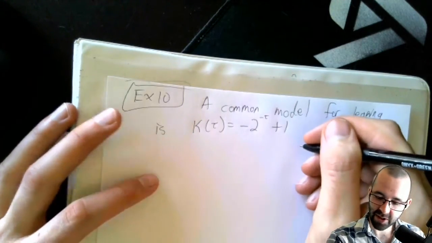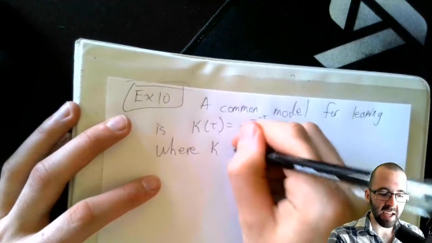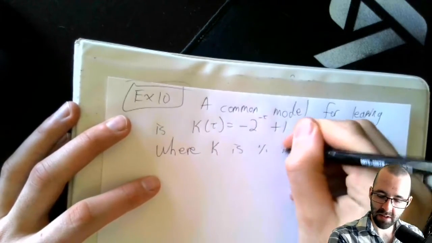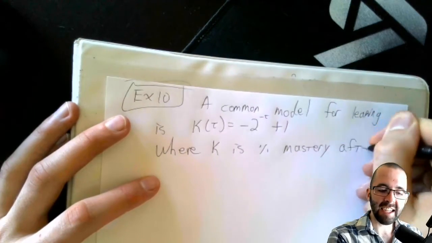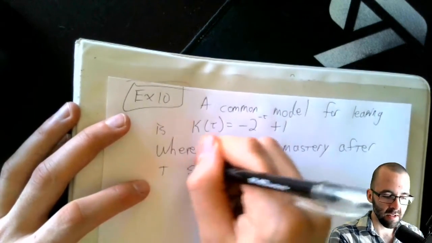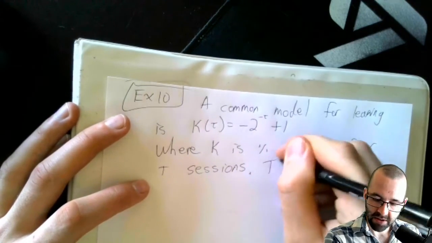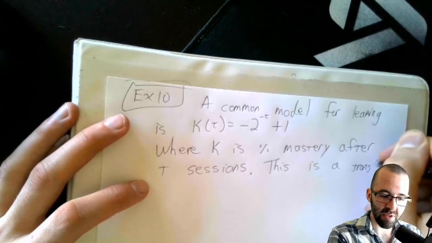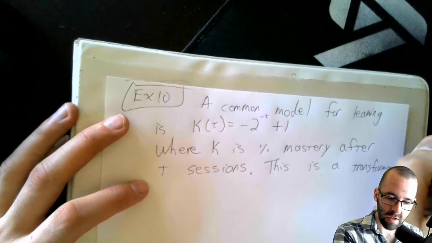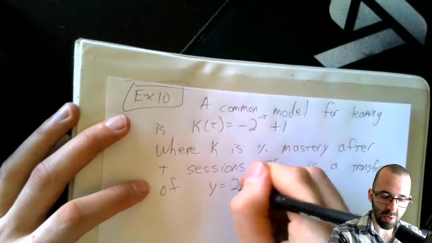All right, so let's explain what this is, right? Where k is percent mastery after t sessions. All right. So this is a transformation of y equals 2 to the t.